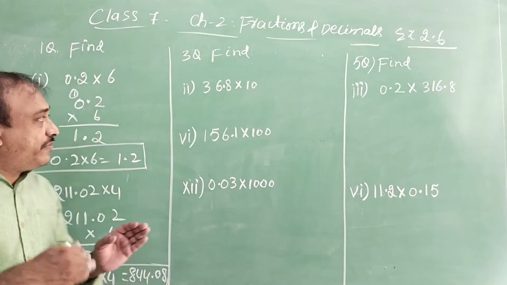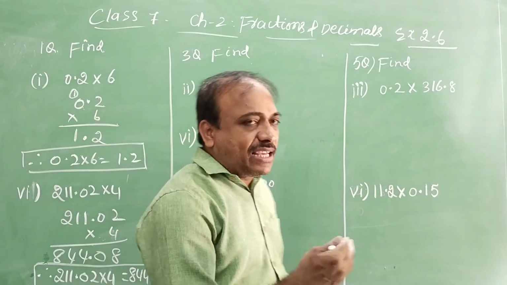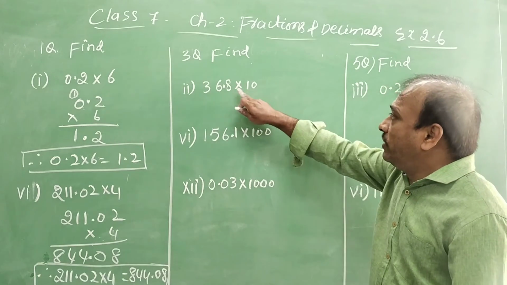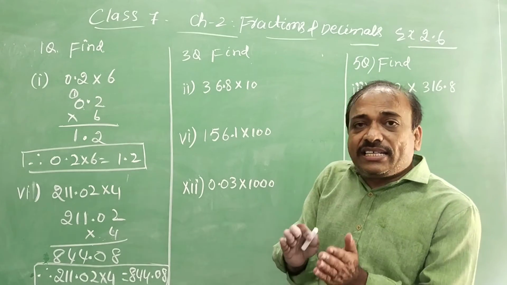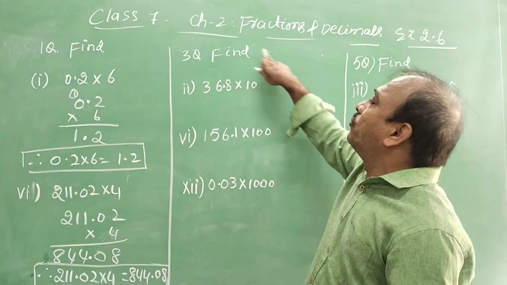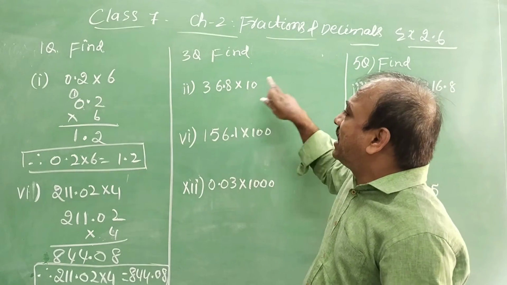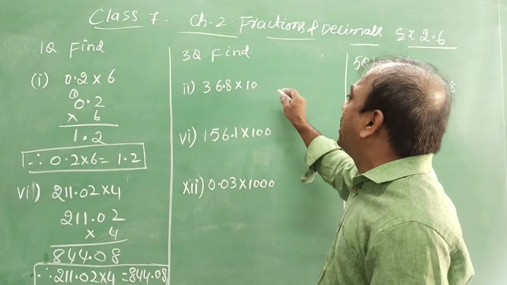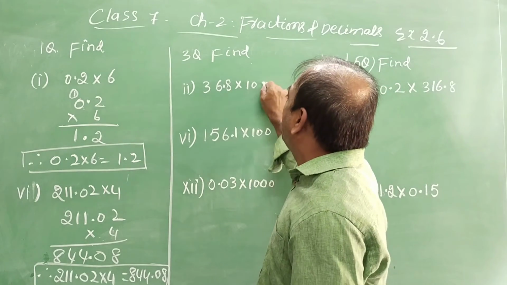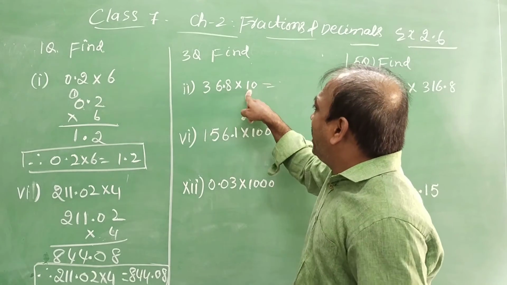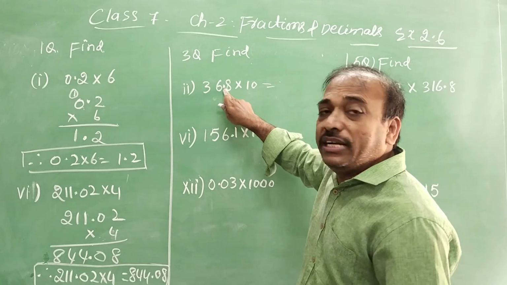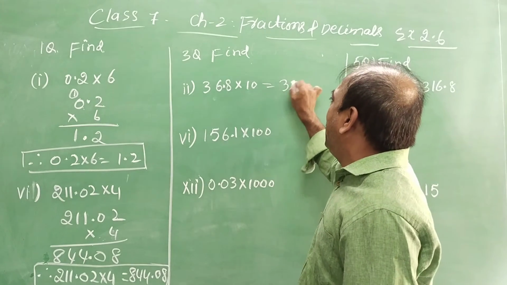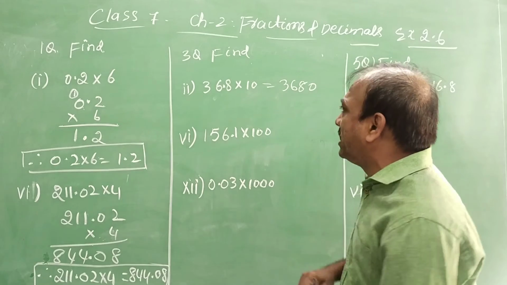Now, it is very easy to multiply with tens or hundreds or thousand. So, with 10, just adjust it. The decimal point will move towards the right side. These digits will be as they are. Only the decimal will move towards the right side. So 36.8 into 10: ignore this decimal, 1 into this 368, and besides you write 0.